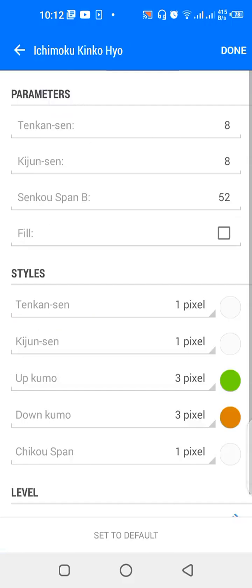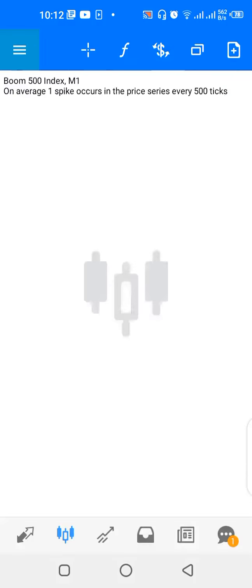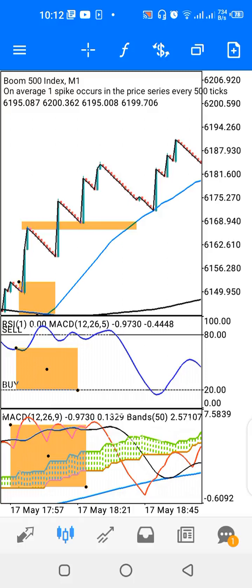Then we have Ichimoku, Tenkan Sen is 8, Kijun Sen is 8, Senkou Span B is 52. The color for the up Kumo is green, the color for the down Kumo is brown. Then the Tenkan Sen, Kijun Sen, and the Chikou Span, the color will match the background color of the chart.